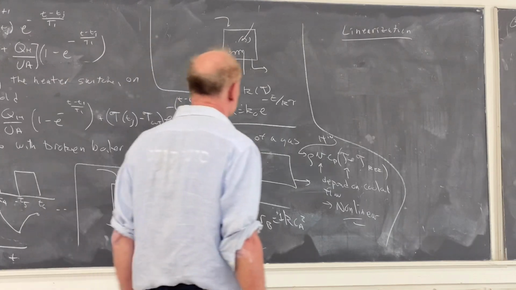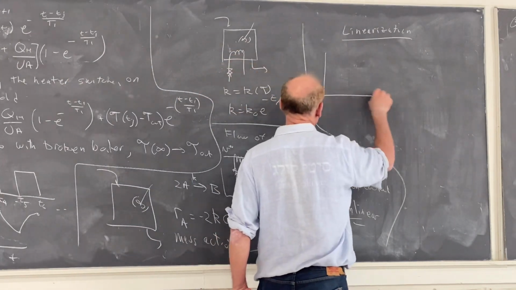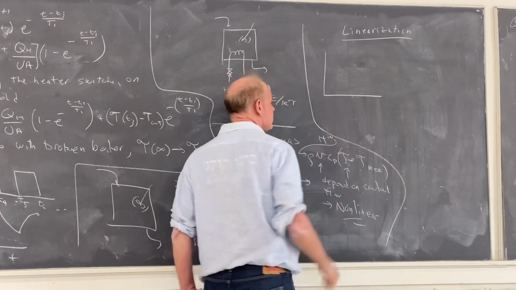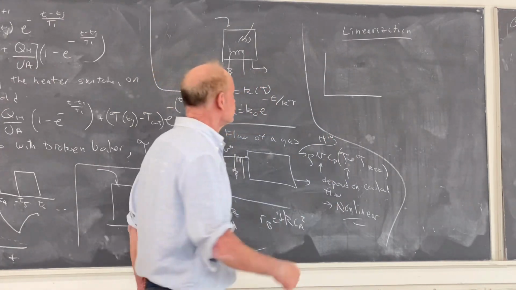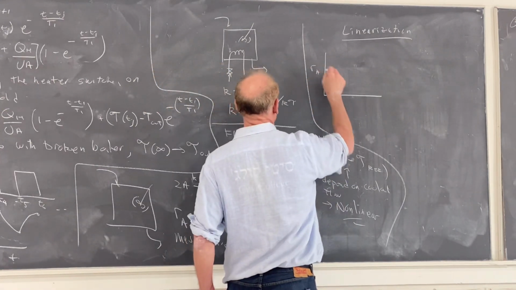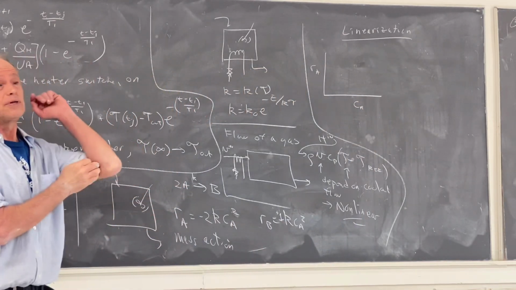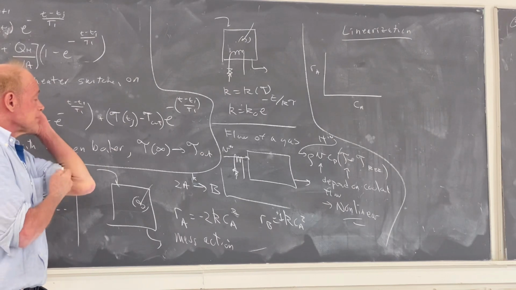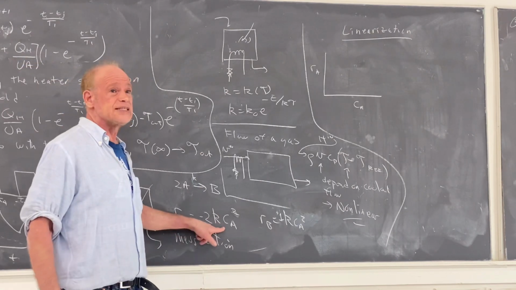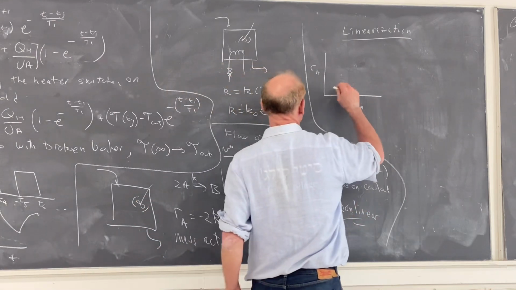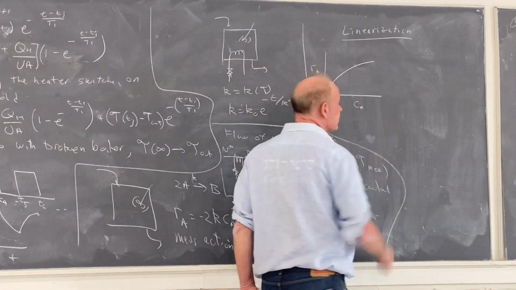What is linearization? Let's look at it graphically. Let's say I'm looking at the rate as a function of concentration, RA as a function of CA from this expression right here. We know that it goes as CA squared with a minus sign.